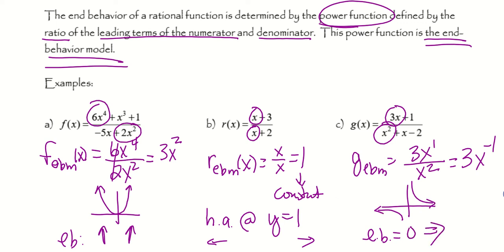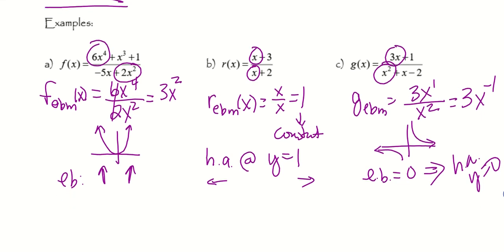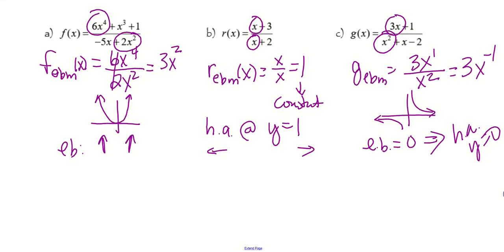And we have a horizontal asymptote here of y equals 0. So we have the definition of a rational function, and we have finding the end behavior model and using that like we did with polynomial functions.